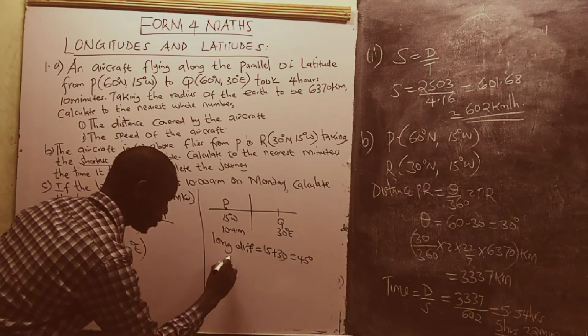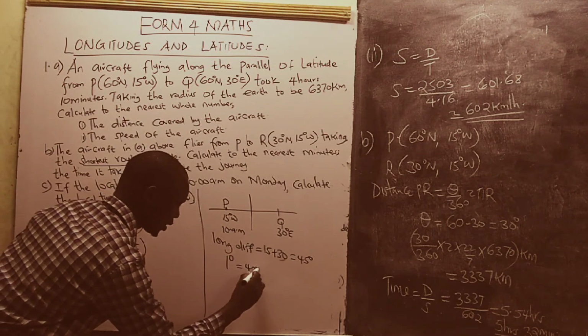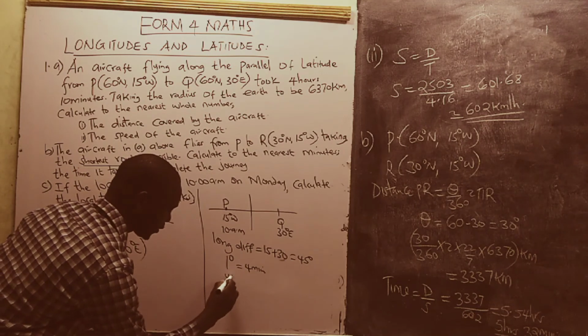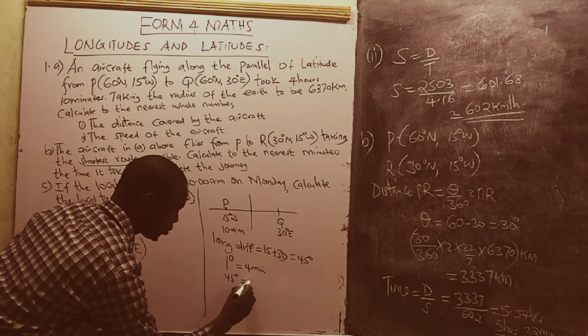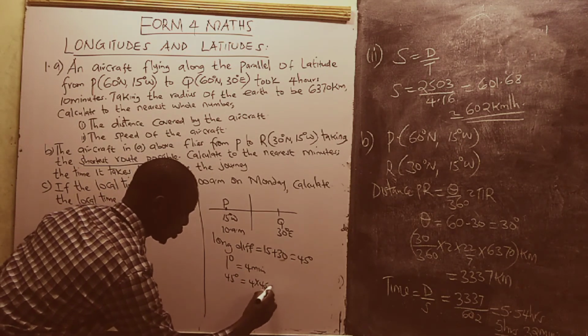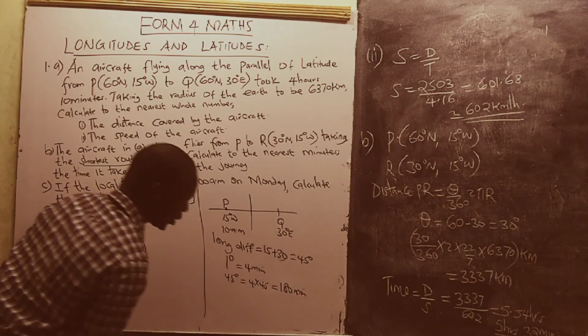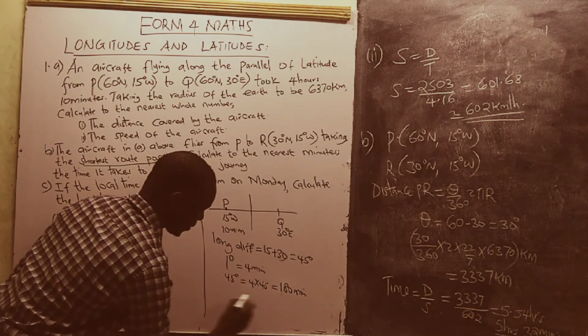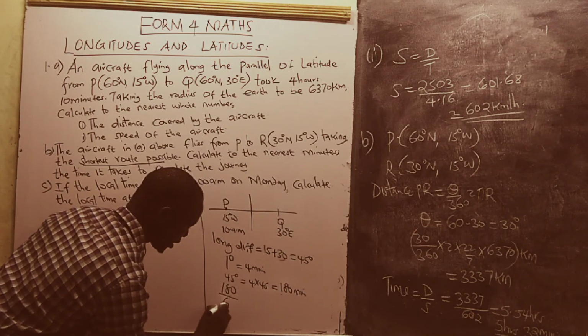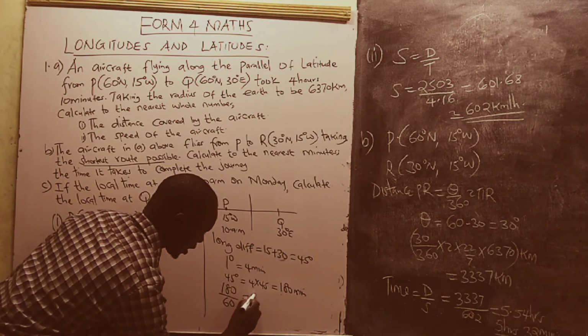And we know for every 1 degree, the Earth takes 4 minutes. What about 45 degrees? 45 degrees will be equal to 4 times 45, which gives us 180 minutes. If you take 180 minutes divided by 60, this gives us 3 hours.